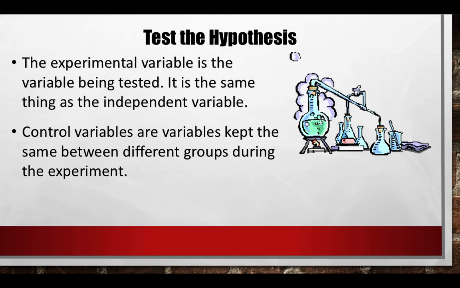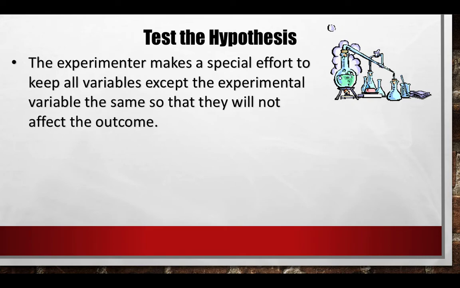The reason is, if there is a difference between our experimental group and our control group, and we don't control the variables, we don't know if it's because of the experimental variable or if it's the result of something else.